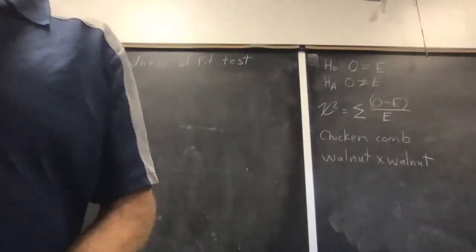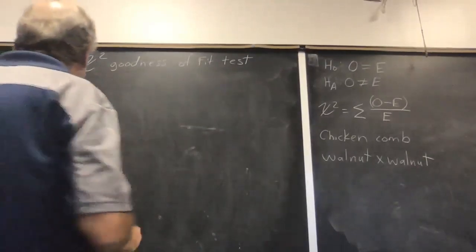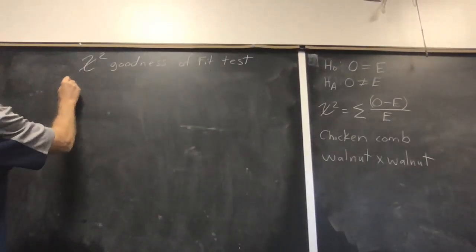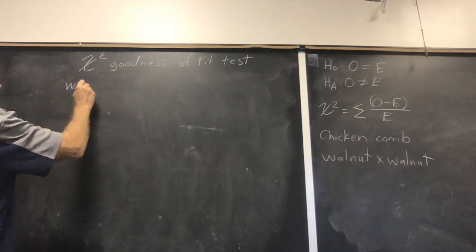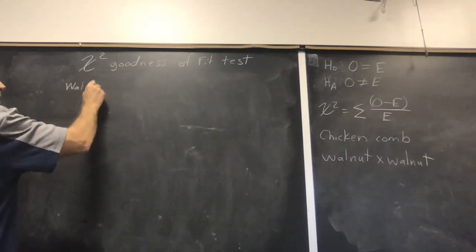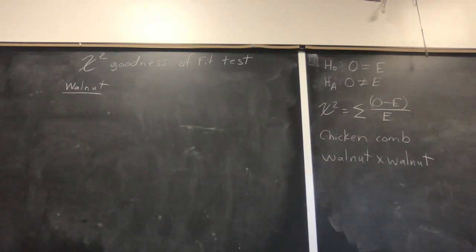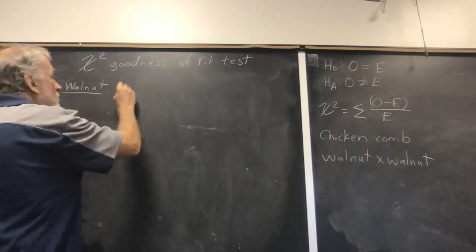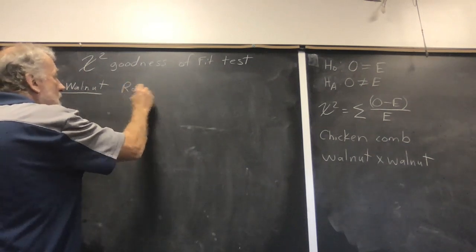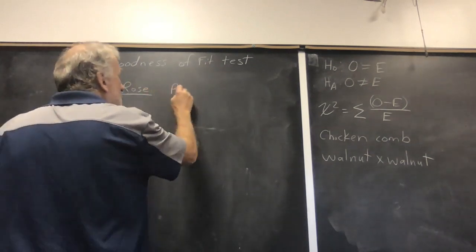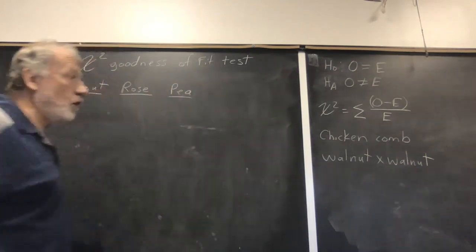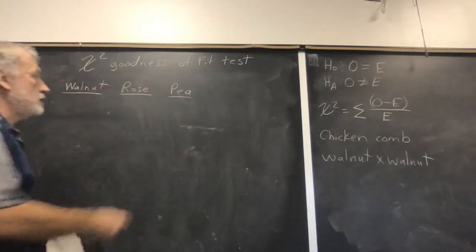For a dihybrid cross, we're going to get 4 phenotypic categories: walnut combs, rose combs, pea combs, and lastly, single combs.